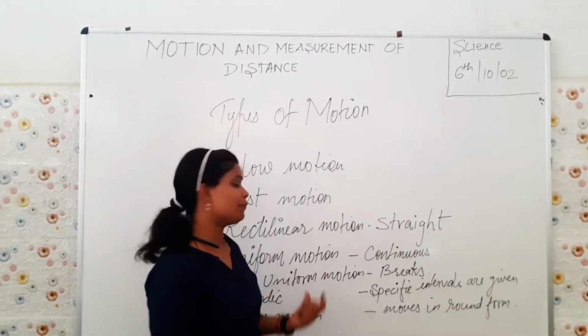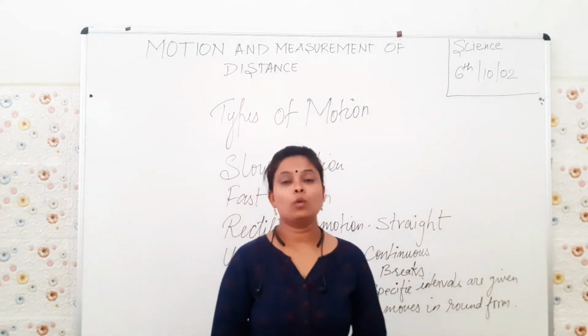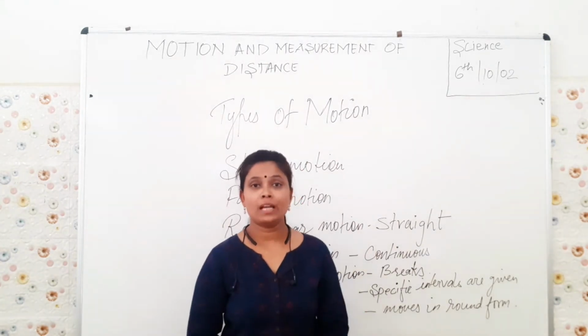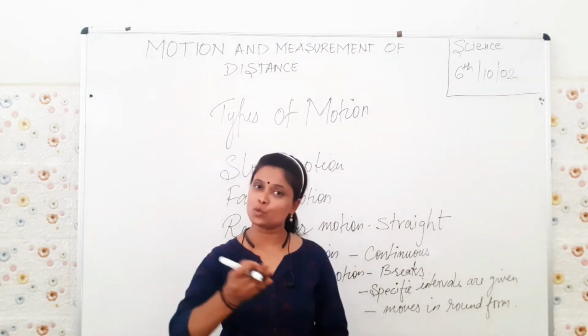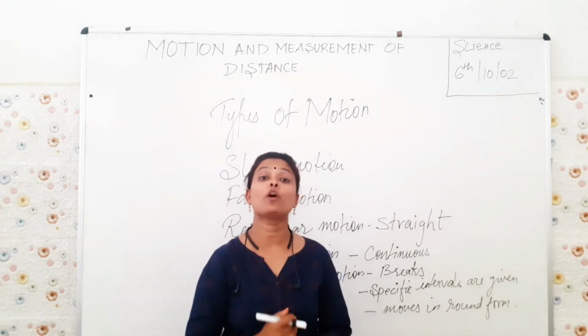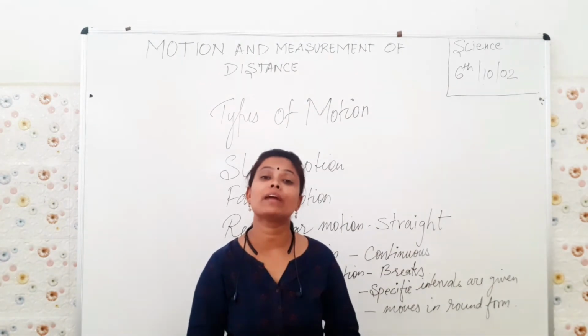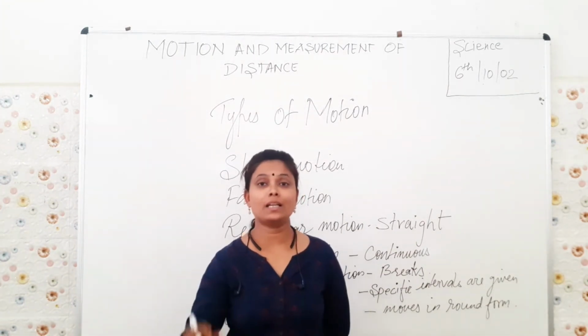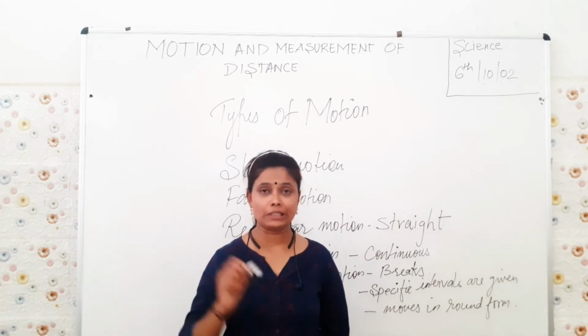Next, what do we have? Uniform motion. When anything is done uniformly, as daily you come to school, study and go back home. It's a uniform thing. What you are doing regularly, that even you are studying. You are studying your subject, you are writing continuously.